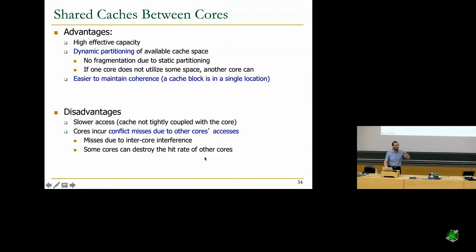And some cores can destroy the hit rate of other cores. And many of the recent mechanisms that are put into the existing processors to manage the caches try to handle this problem. How do you ensure that you have a big shared cache that is very well utilized and cores get good performance out of it without one core's locality being destroyed by some other core? So people have introduced new replacement policies, new insertion policies into the caches that are aware of the cores.